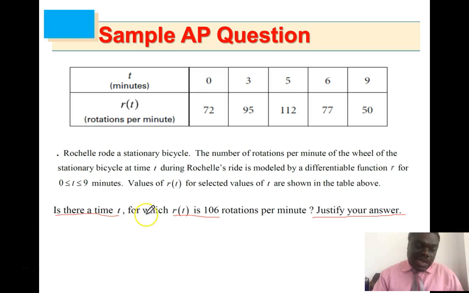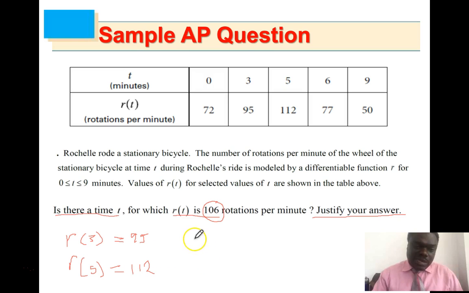So we say that because R of 3 is 95 and R of 5 is 112, this 106 is between 95 and 112.